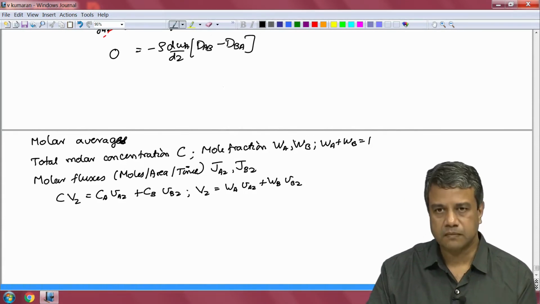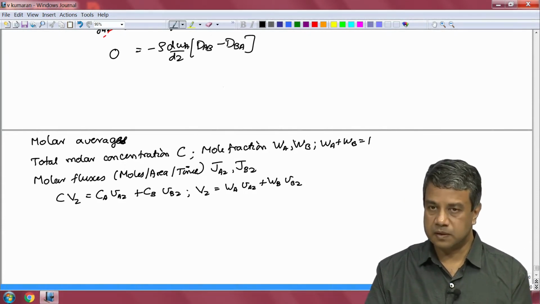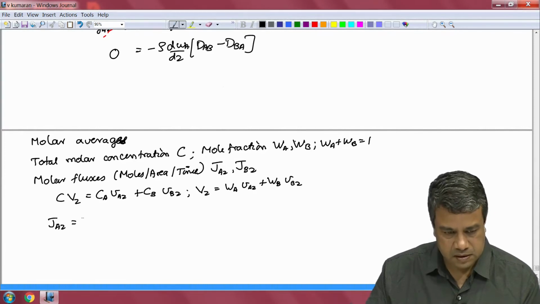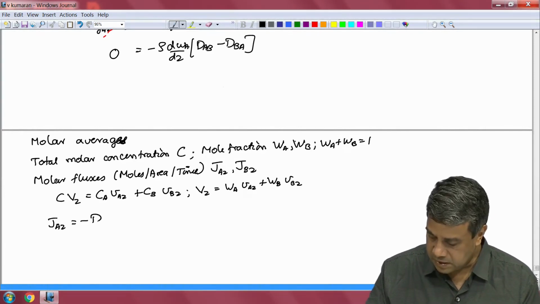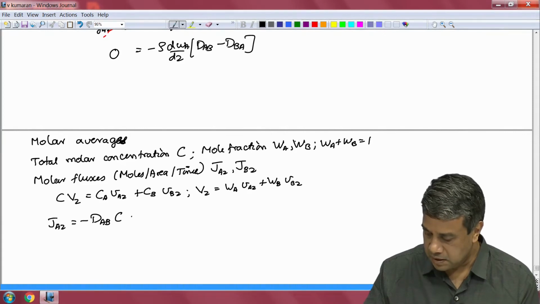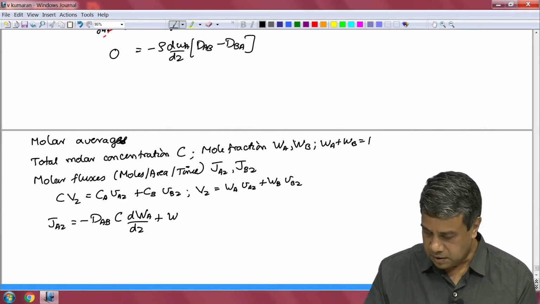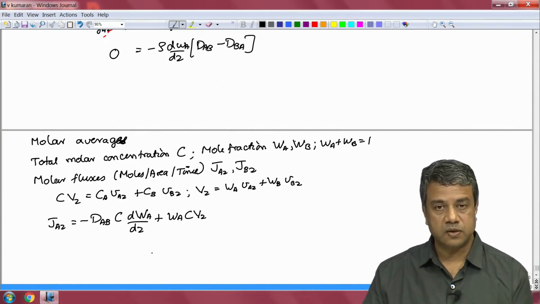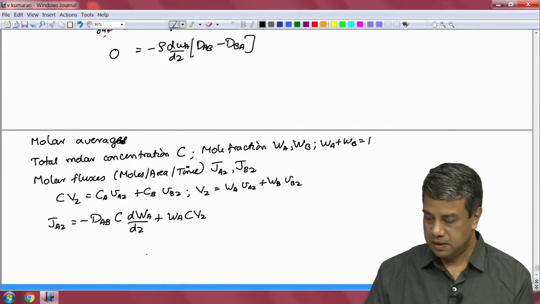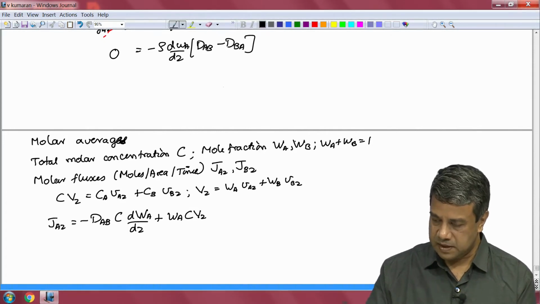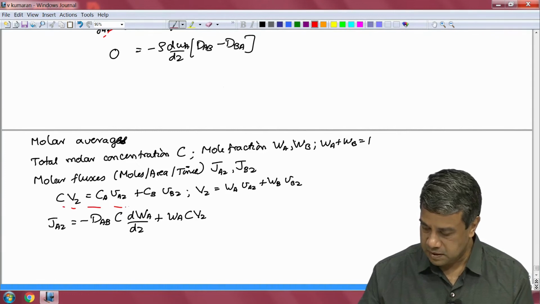The constitutive relation for the molar flux is written as JAz equals, in a similar manner, minus DAB times C times dWA by dz, plus WA into C times Vz. That is due to the motion of the center of mass, the concentration of A times the center of mass velocity. And this C times Vz can be written in terms of the species averaged fluxes.